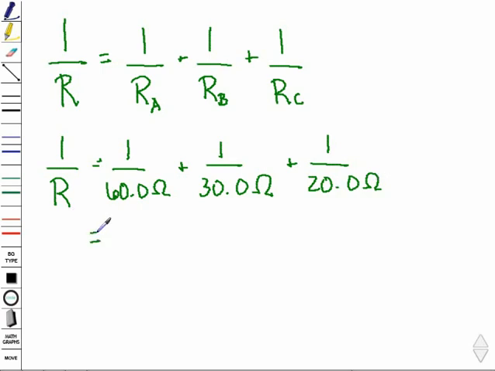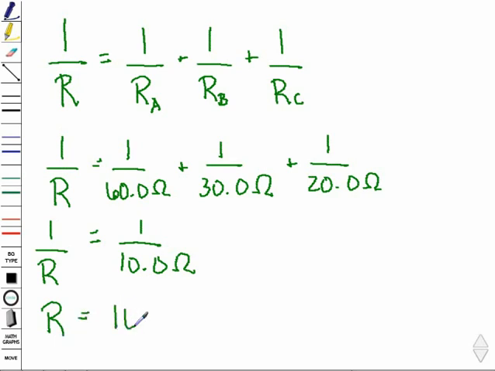We find when we add up all of our fractions that 1 over our equivalent resistance is 1 over 10 ohms. And if we flip or take the reciprocal of each side, we see that the equivalent resistance is equal to 10 ohms. This is the total resistance of the parallel circuit.